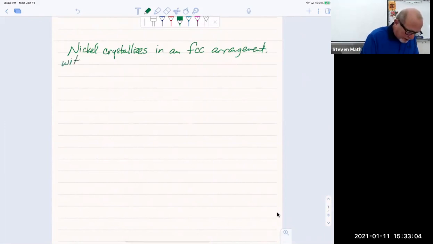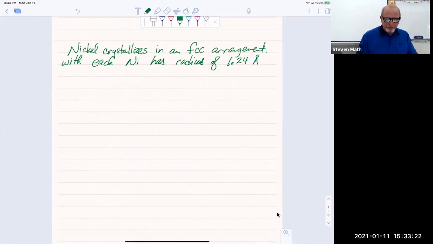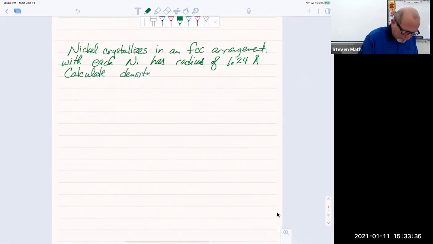And they told us each nickel has a radius of 1.24, and this is old school. They gave us angstroms. No problem. We can convert those. Okay. And what they're asking us to do is calculate the density of atomic nickel. Should be pretty easy to do.